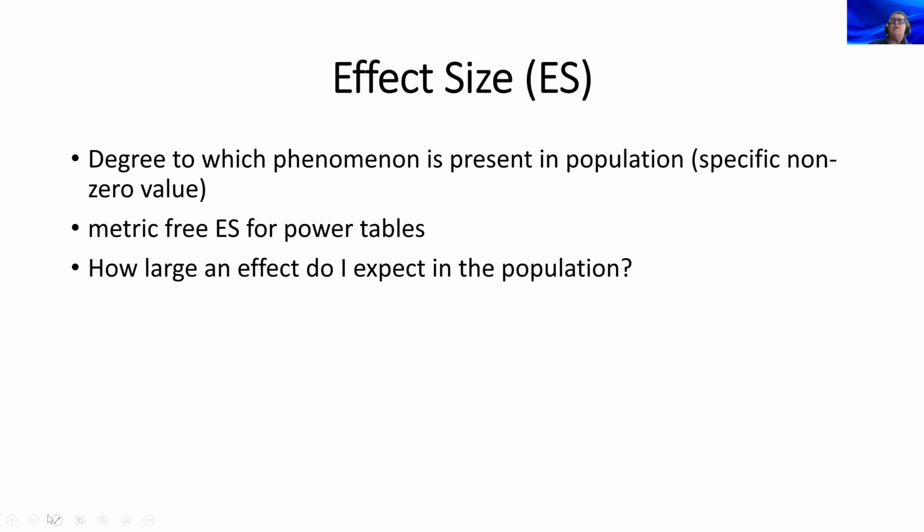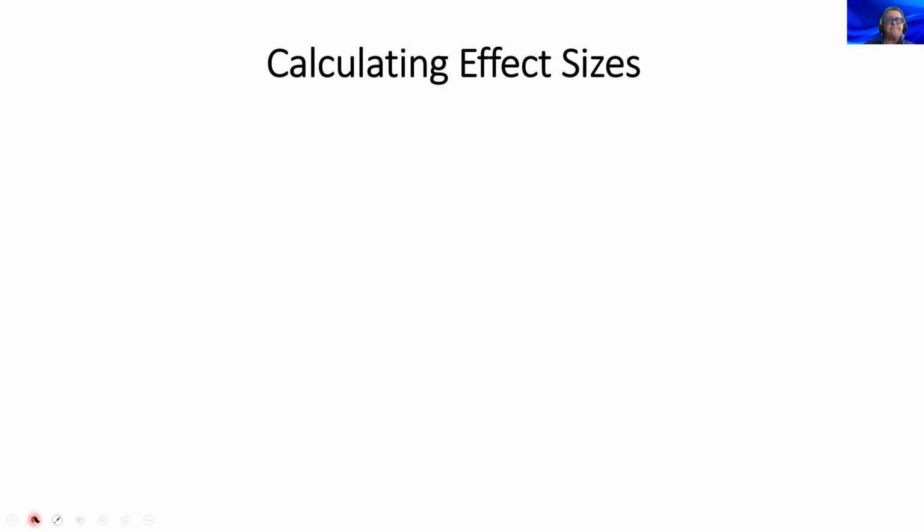And we can transform between the different effect sizes. The question that underlies our work in conducting power analyses with effect sizes is, how large an effect do I expect in the population?